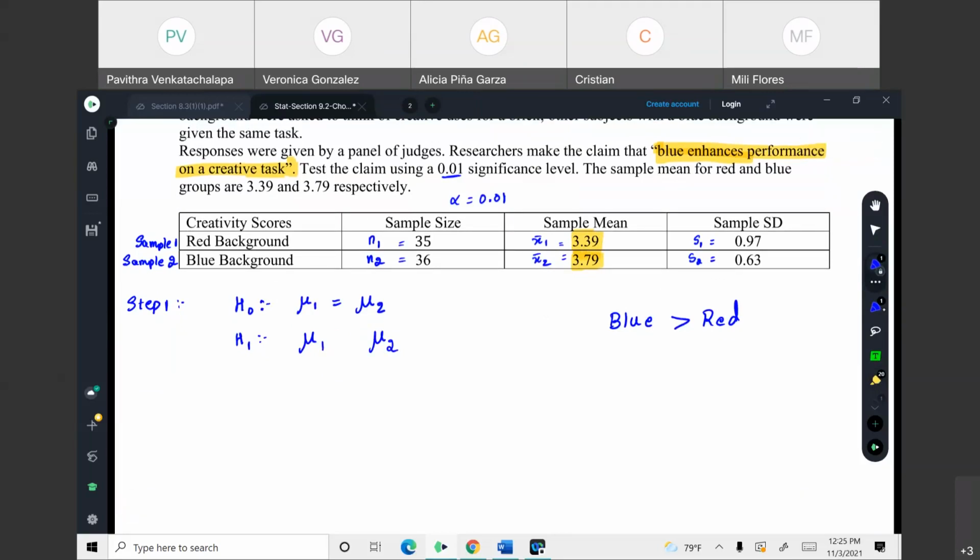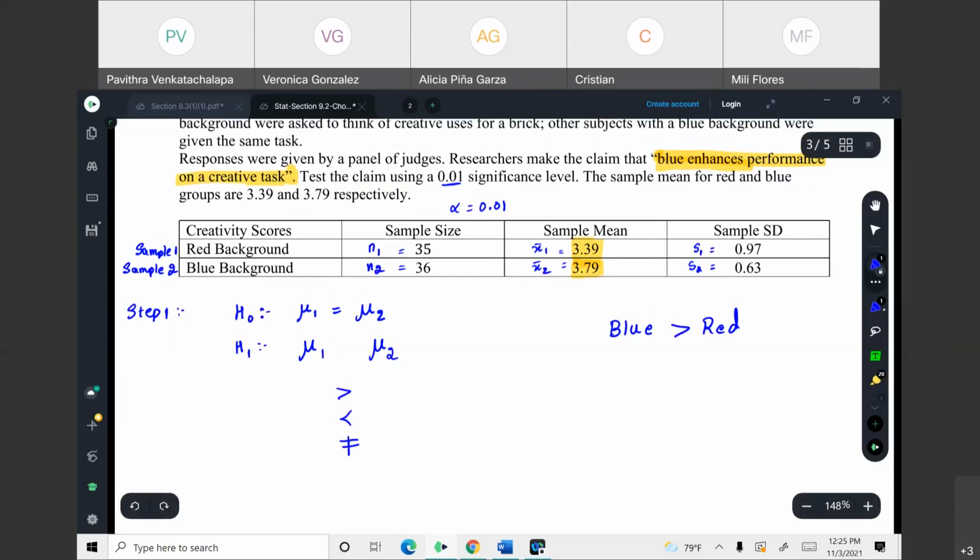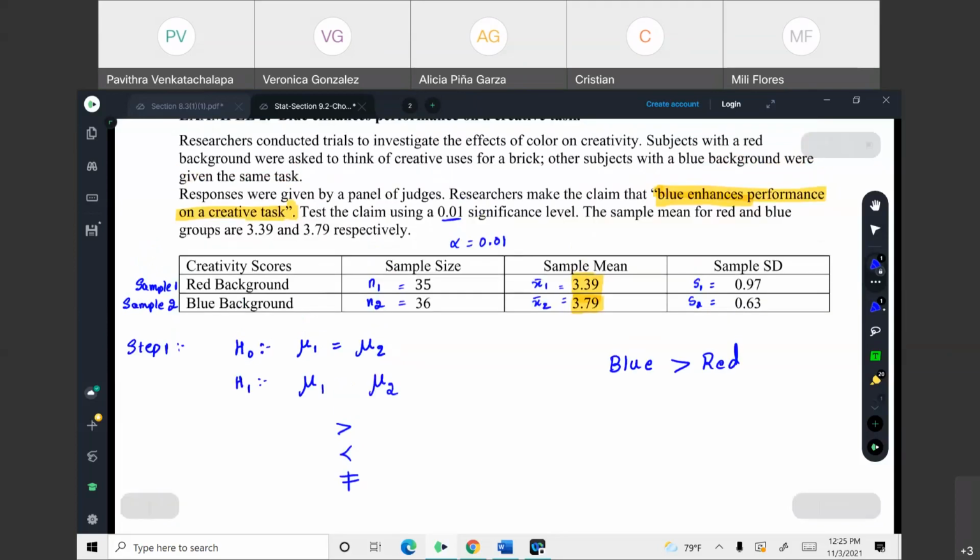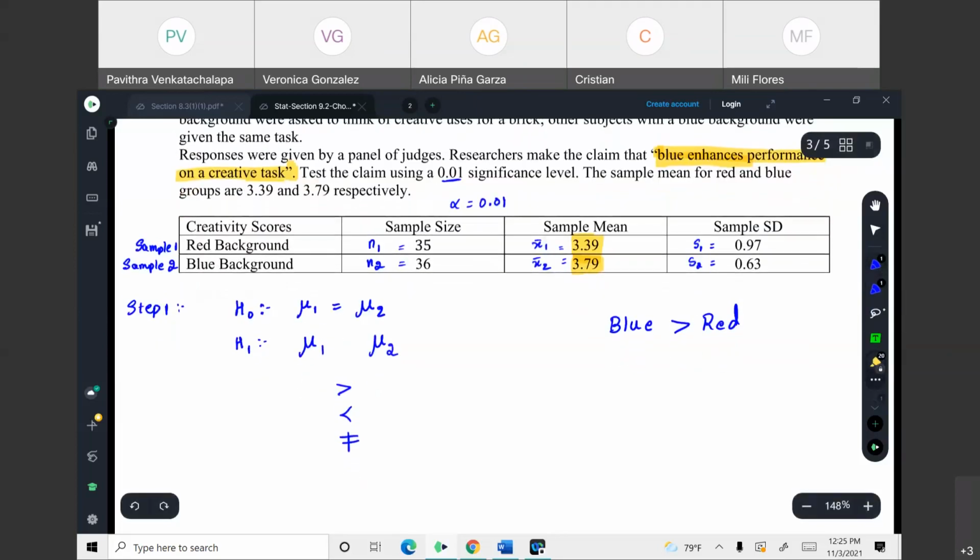Now, your work is to give a symbol here. It could be greater than, less than, or not equal to. Now, according to this, I know this cannot be my option. Now you have to choose between greater than and less than.